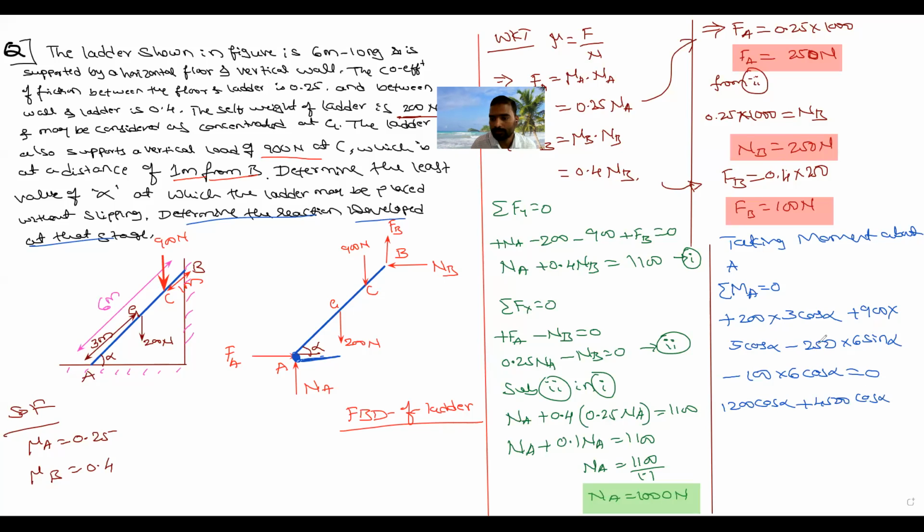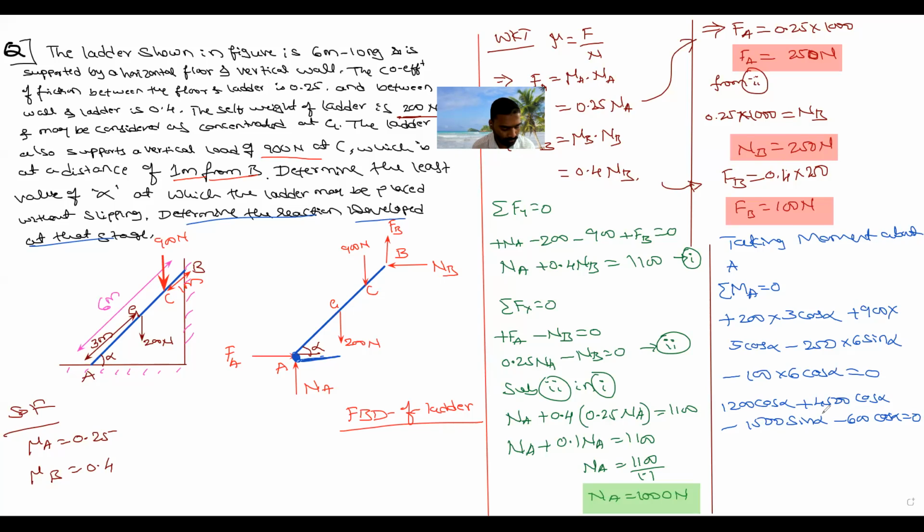Next, minus 250 into 6, that is 1500 sin alpha. Next, 100 into 6, that is minus 600 cos alpha. Cos alpha is equal to 0. So 1200 cos alpha, this is 600 cos alpha, only 600 cos alpha. 600 plus 4500 is 5100 cos alpha. Correct?